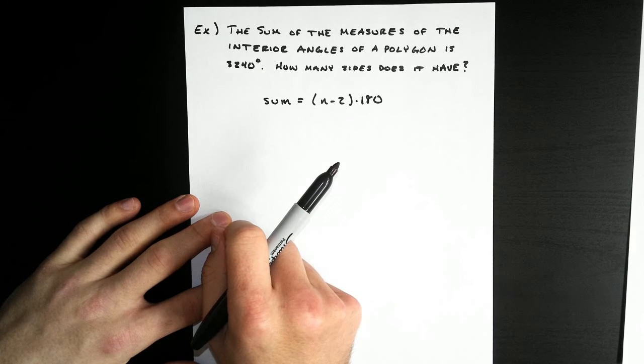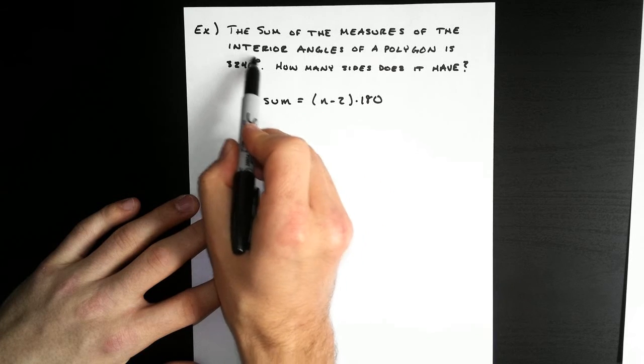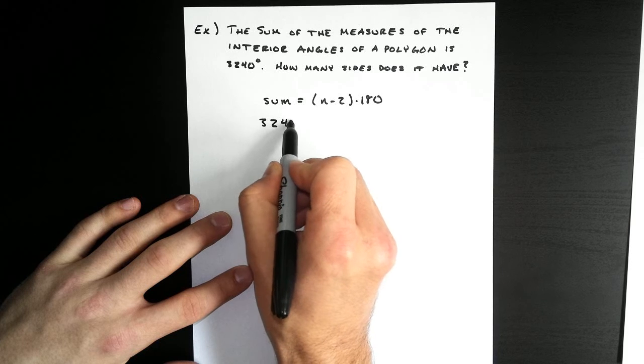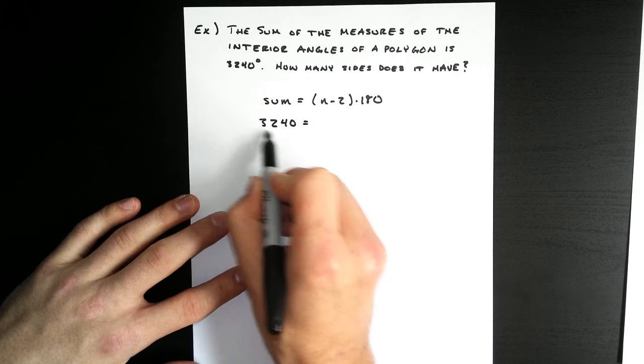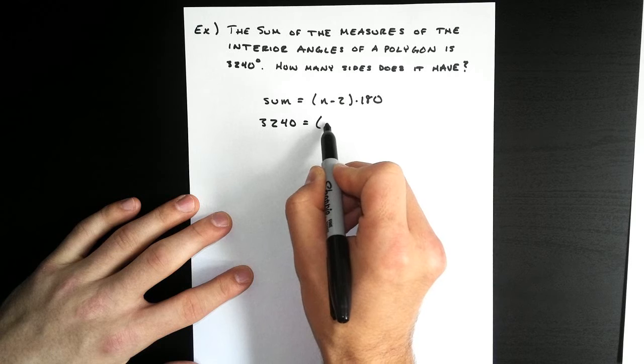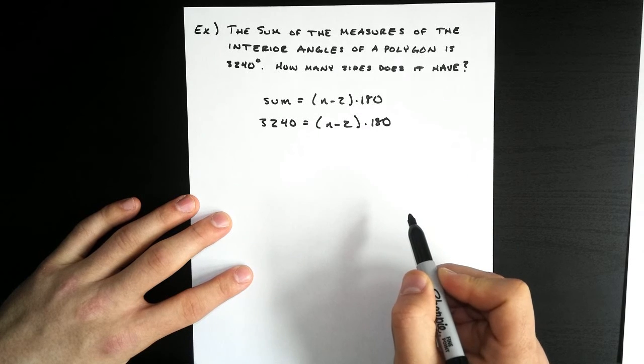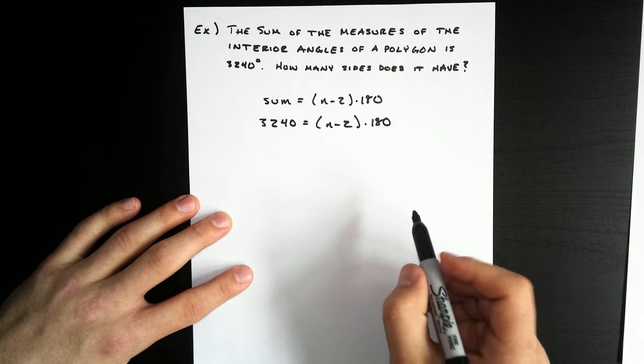So we want to solve for that. We are given the sum, so we'll plug this in: 3,240. So that's kind of our answer, but now we're going backwards. And then we'll solve for n.